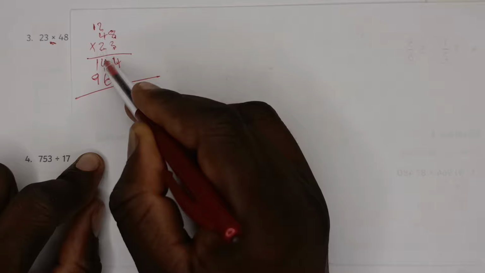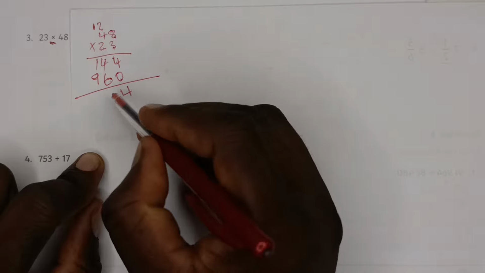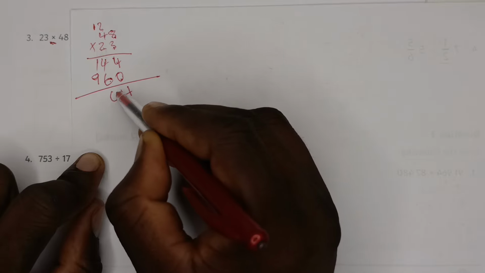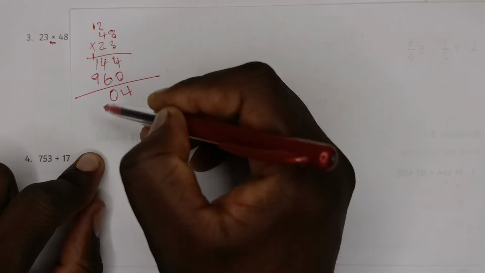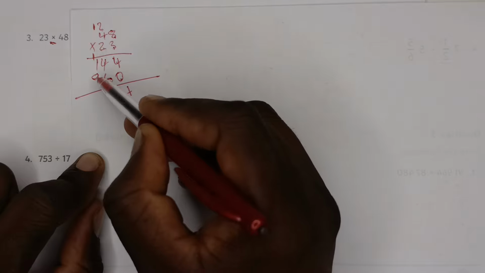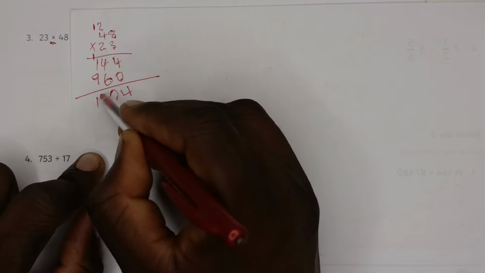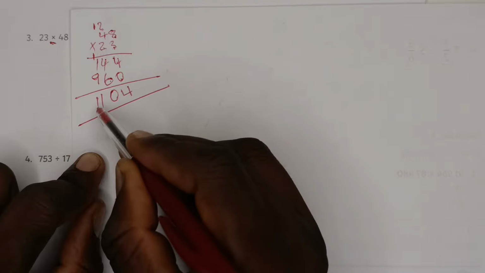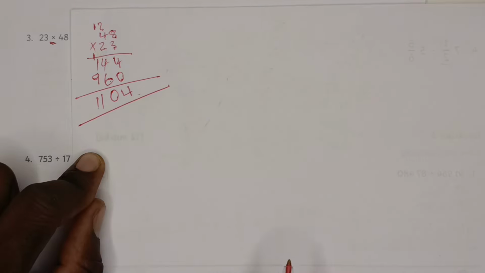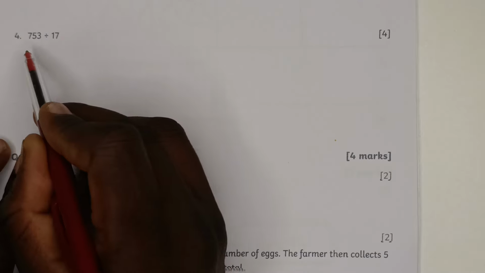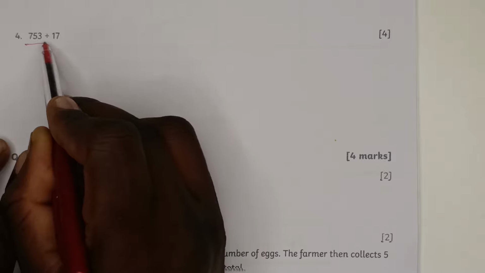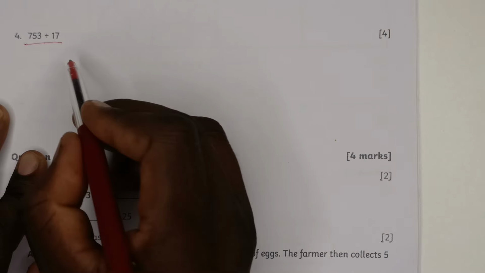Then here we have got 4 and 6, it's 10, which is 0, carrying 1. 9 plus 1 is 10 plus 1, it's 11. So the answer is 1,104. Okay, this is 753 divided by 17.